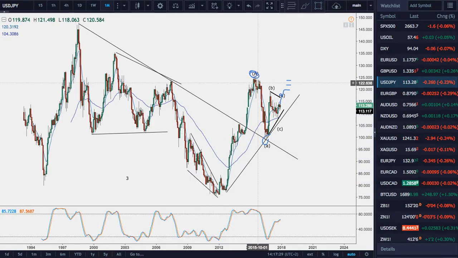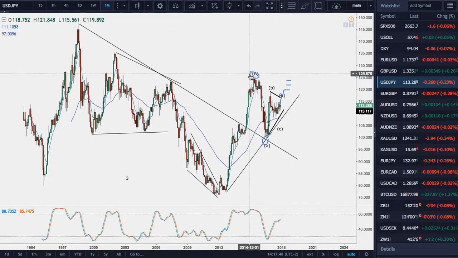So it would be one major impulse, a three-wave correction, and then that would set up a long-term bullish advance in US dollar yen from a low beneath 97 to a high well above 126, well up into the future. But that is my second scenario.